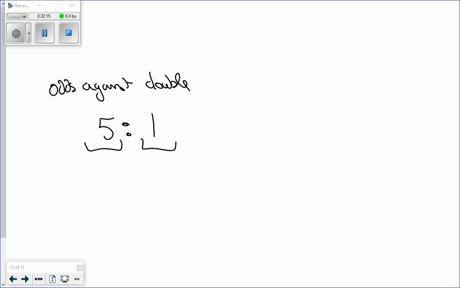Okay, so what does that 5 represent? Right, so this is getting a single. This would be getting a double. You're also welcome to say getting a double, not getting a double, right? You can word it that way too.